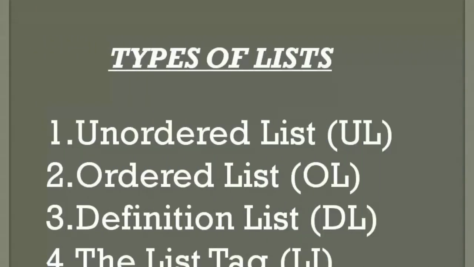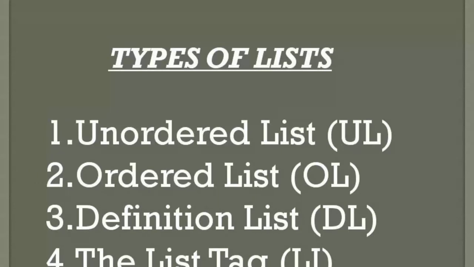So let's have a recap of what we have been looking at in this tutorial. We have talked about the types of lists, which are ordered lists, definition list, and the list tag itself. Under the definition list, we have the definition term and the definition description.